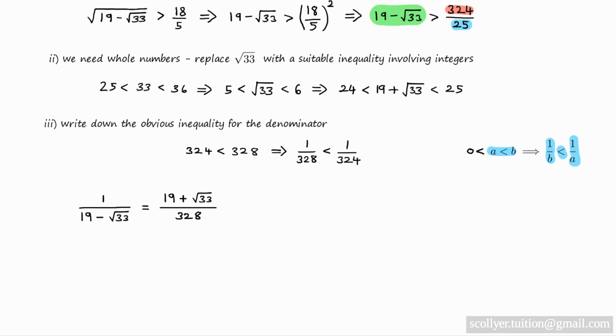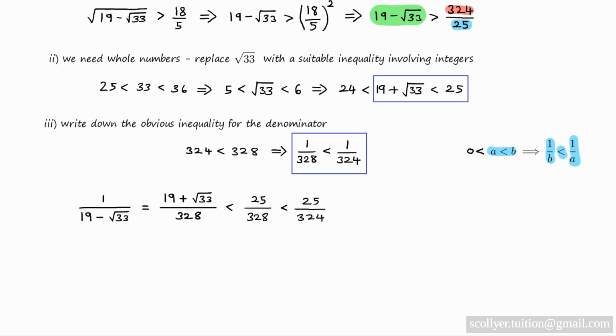We have that 1 over 19 minus root 33 equals 19 plus root 33 over 328, which is less than 25 over 328 due to this inequality, which is less than 25 over 324 due to this inequality, but that, as we have seen above, equals 5 squared over 18 squared.